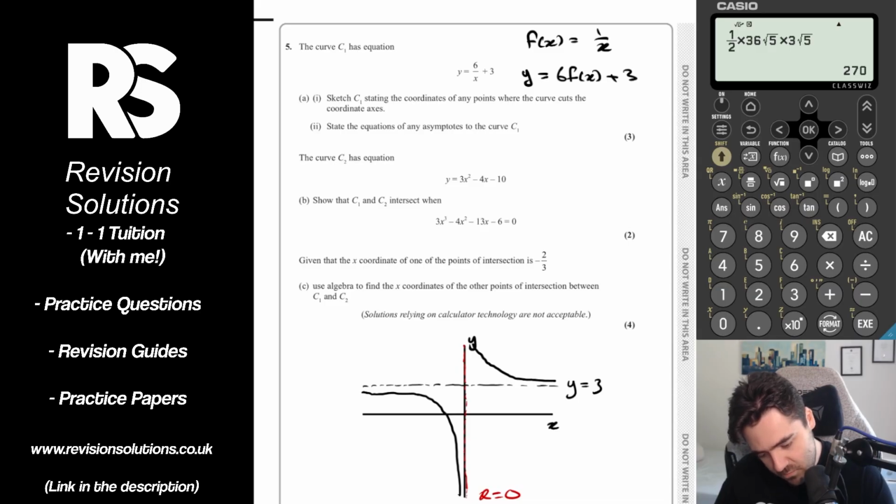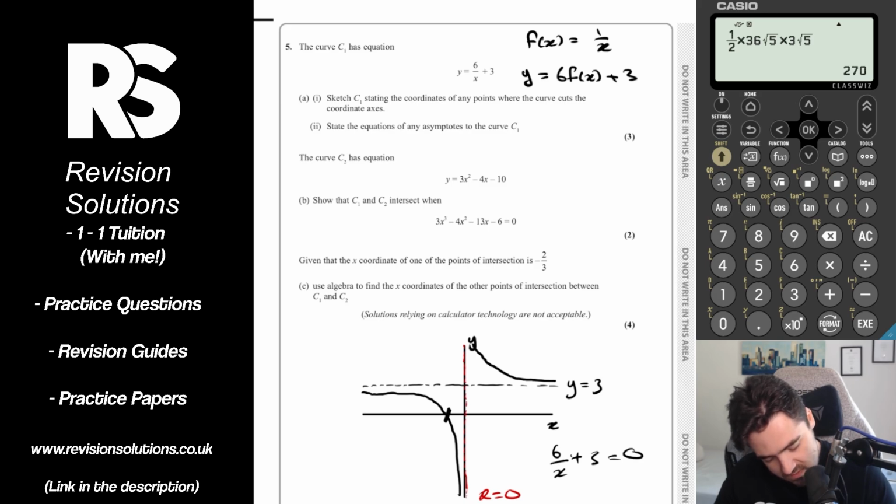We need to find where the curve cuts the coordinate axes. It only cuts the x-axis at this position here. To find that, we set the y-coordinate to 0. So we have 6 over x plus 3 equals 0.